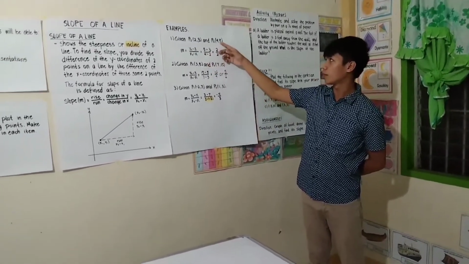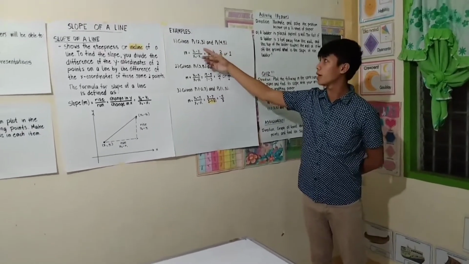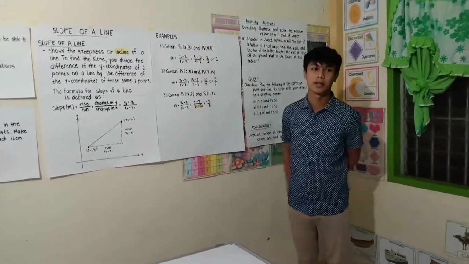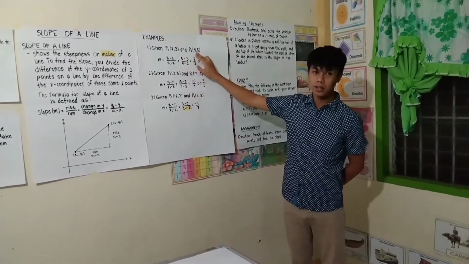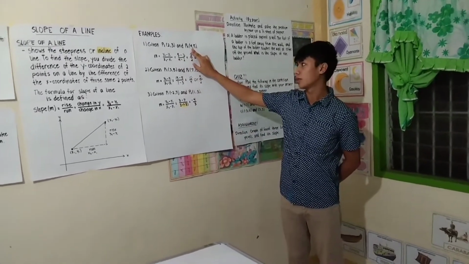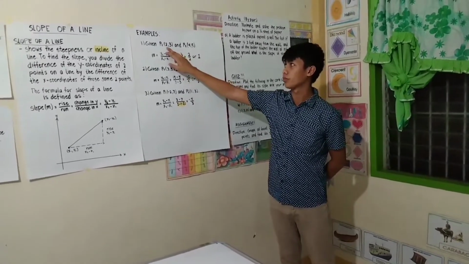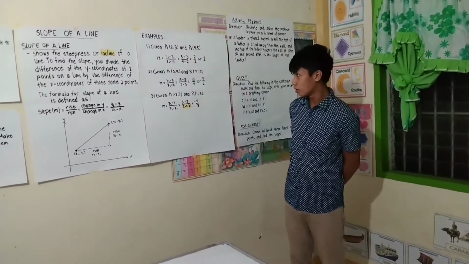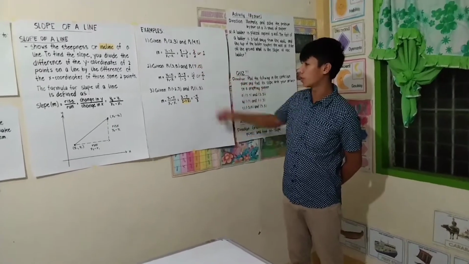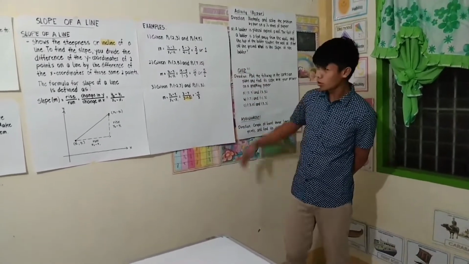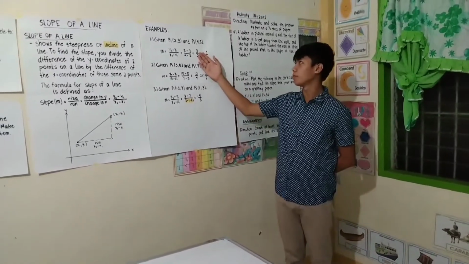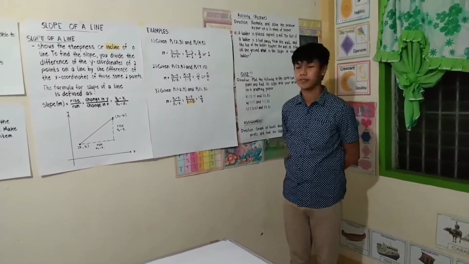Di ba, in this given, y sub 2 is 5 minus y sub 1, 3, over x sub 2, and x sub 2 here is 4, minus 2, which is x sub 1. So this should be equal to 2 over 2, or simply 1. So the slope of this particular graph is 1.